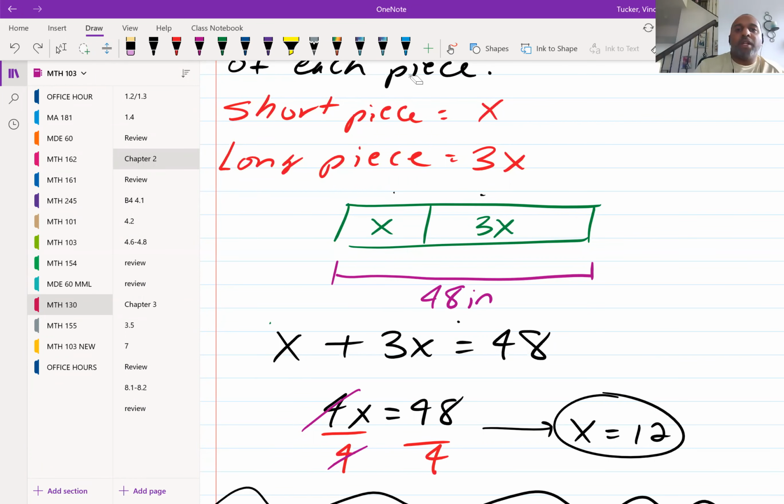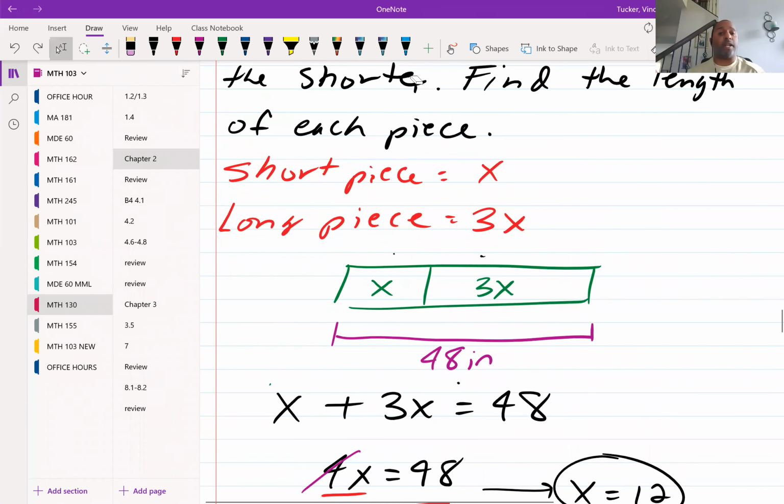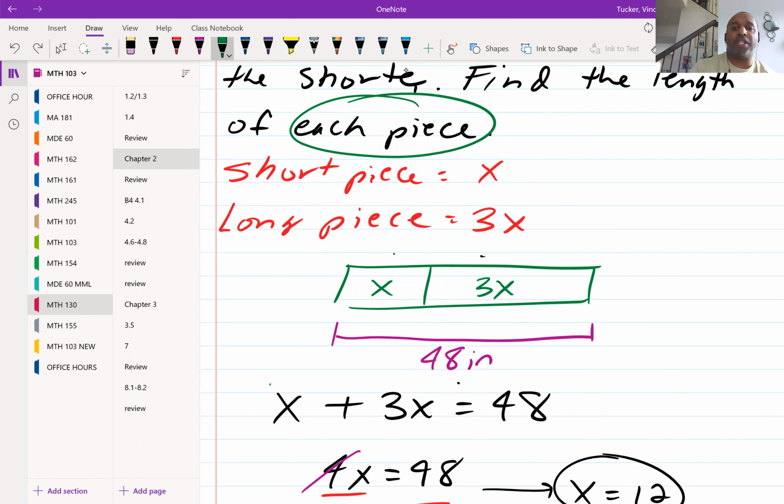Yep, no problem. So once we get to 12, we do have to go back and make sure, whenever you get an answer, and I didn't mention it last problem because it was more like just writing an equation, but this is an actual application, a real life example. So whenever you have that type of scenario, you do need to go back and make sure you actually answer the question. So we got x equal to 12, but it tells us to find the length of each piece.